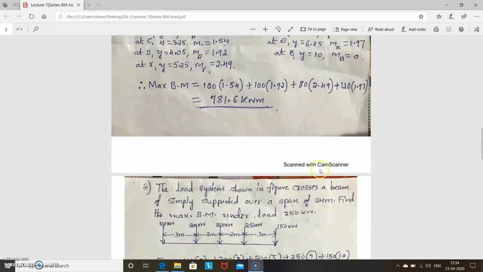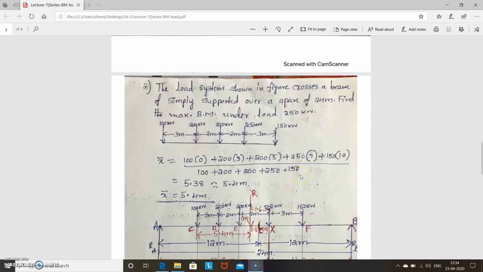So here load is given, so you have to find the section. So that is the difference between two cases of bending moment. I mean, first case is maximum bending moment under the given section. There you have to find maximum bending moment under the given section by calculating which load you have to place at the section.